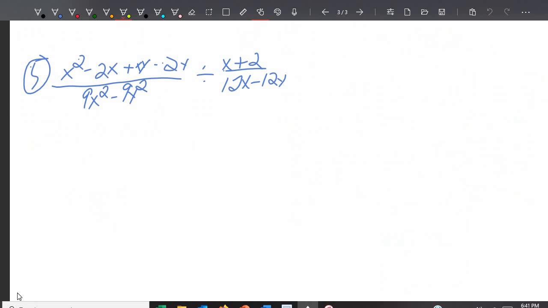Now, number 5 is a little more complicated. The top, well, first let's flip it over, then we'll talk about the top. We're going to have x squared.